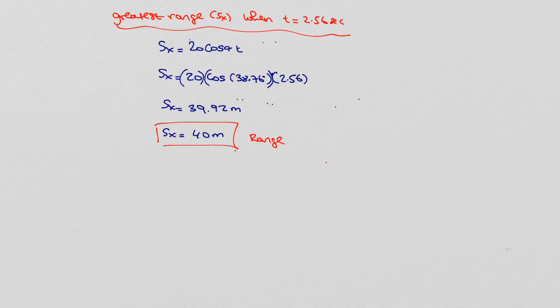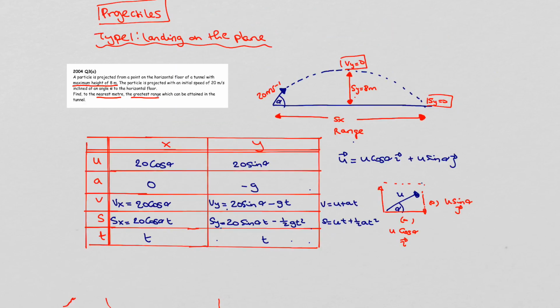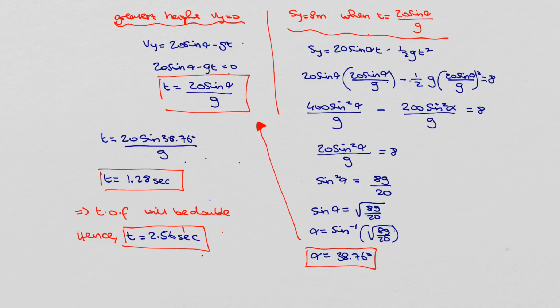Okay, so let's have a look at the marks then. So if we go back to the start there, we were getting 5 marks for working out S of y is equal to 8 and 5 marks working out Vy is equal to 0. So for getting our time and for getting our angle was another 5.